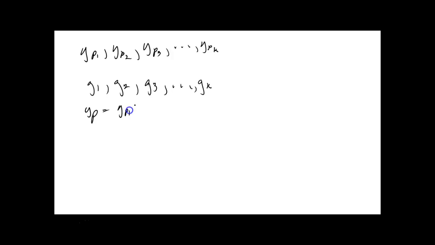Y sub p1 plus y sub p2 plus y sub p3 plus ... all the way up to and including y sub p sub k. Okay, because you had k g's at the end of your thing added together, then this would be your particular solution.